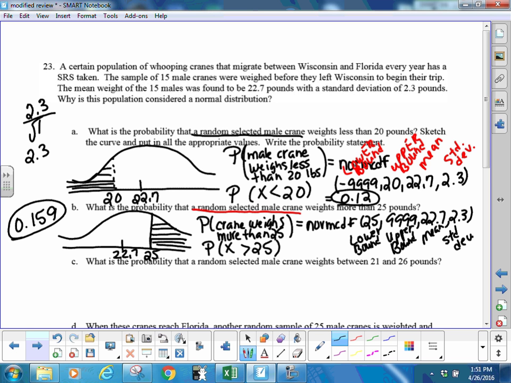All right, let's find this next probability. Again, our standard deviation is still just going to be the 2.3. Our mean is, it's important to label your mean as well. 21 and 26 are our lower and upper boundaries.